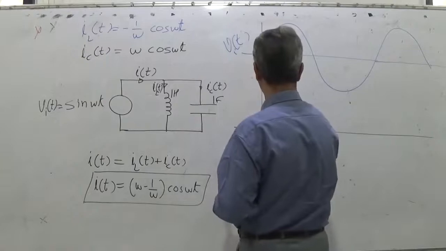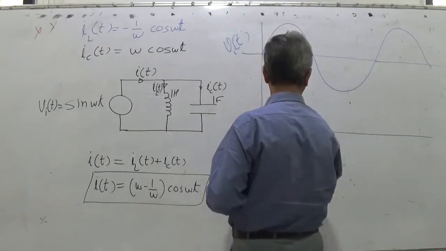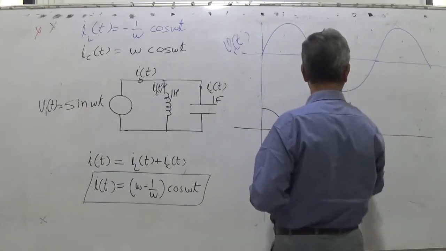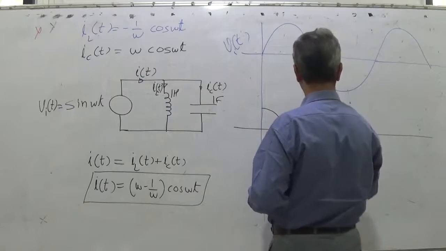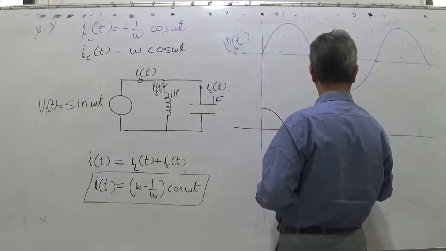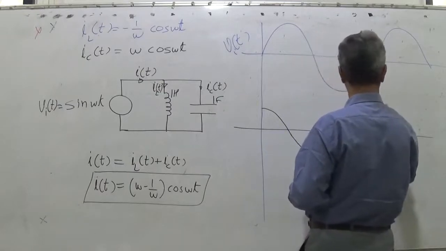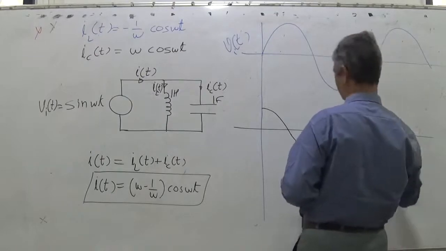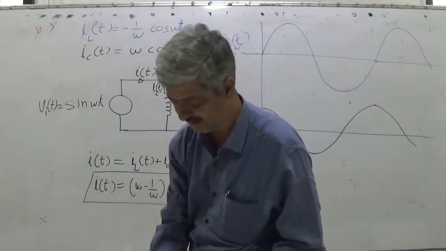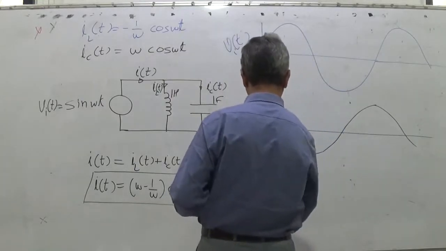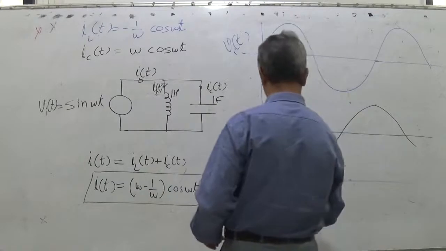So ICT is cosine, and ILT is exactly the reverse of this.